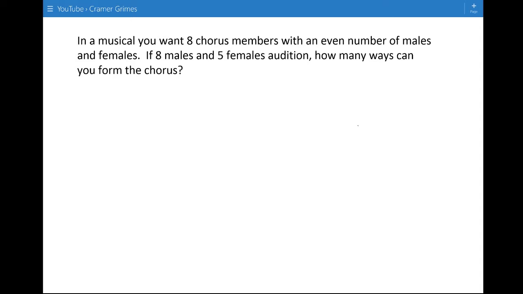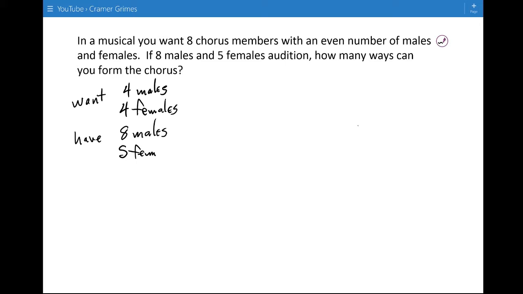So here I want an 8-member chorus, even number of males and females. So that would mean that I want 4 males and 4 females. What I have to choose from are 8 males and 5 females.